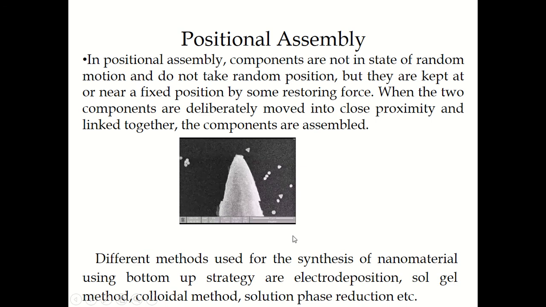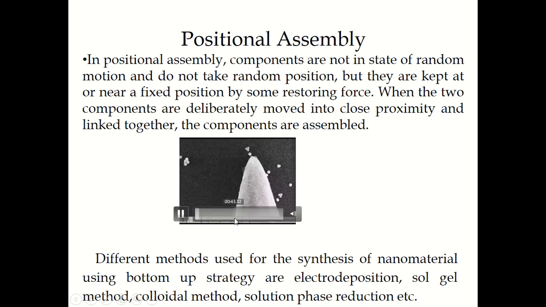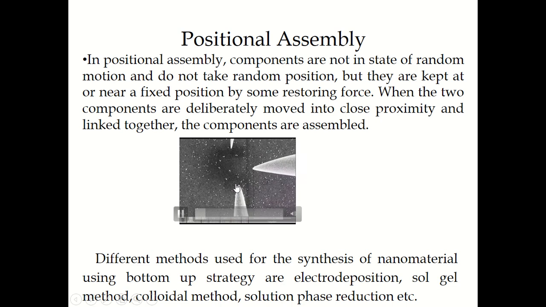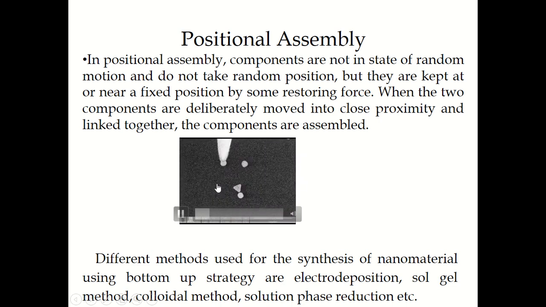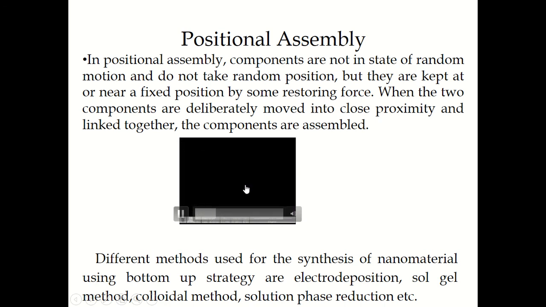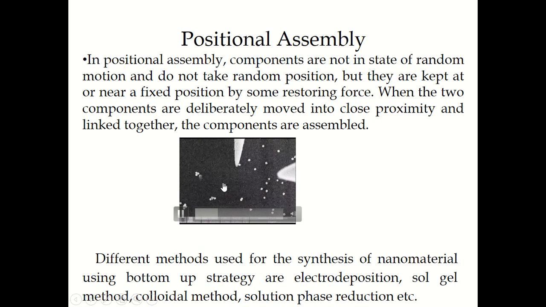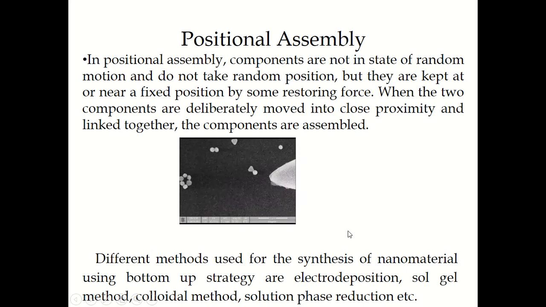So this video shows us how these robotic arms work. This is an STM tip, and here the STM tip is used to manipulate these atoms and molecules. So you can see here, this atom gets adsorbed on this STM tip, and this STM tip is changing the position of the atom, okay, and it is forming some structure, right?